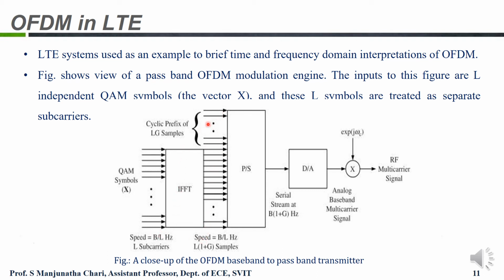This is the cyclic prefix of length LG, plus L data lines, which gives L times (1 plus G) samples. This is converted from digital to analog, and here we use exponential of j omega c. This is an analog multicarrier signal, which is modulated and transmitted.